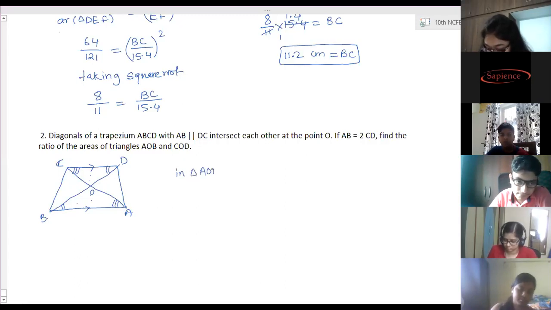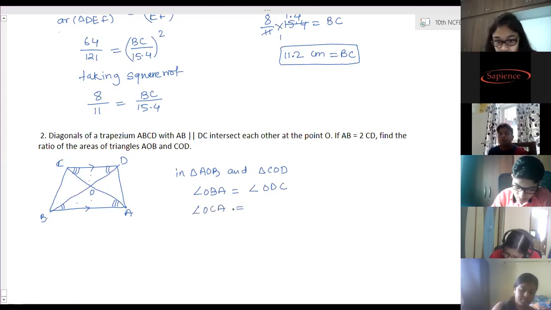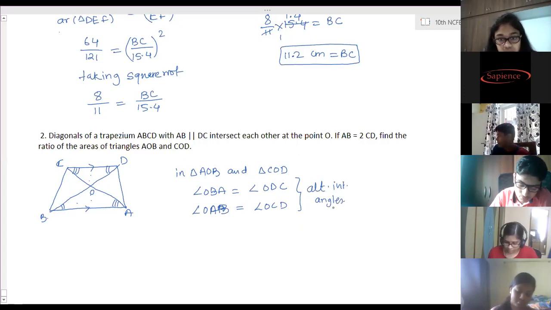In triangle AOB and triangle COD, angle OBA is equal to angle ODC and angle OAB is equal to angle OCD. Both are alternate interior angles as AB is parallel to DC.